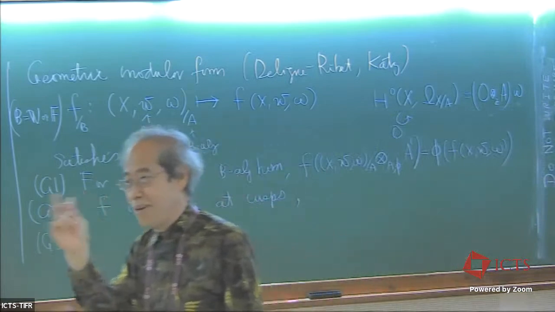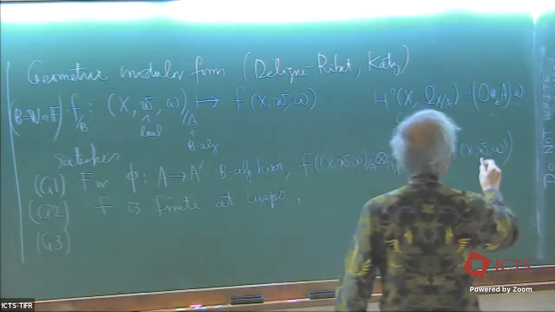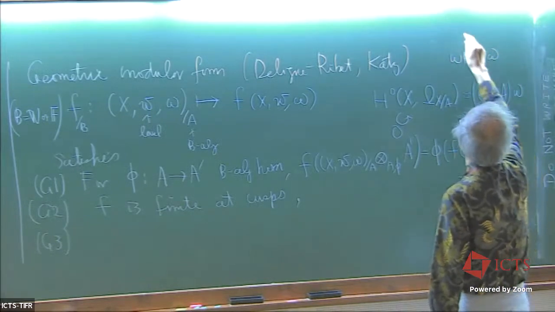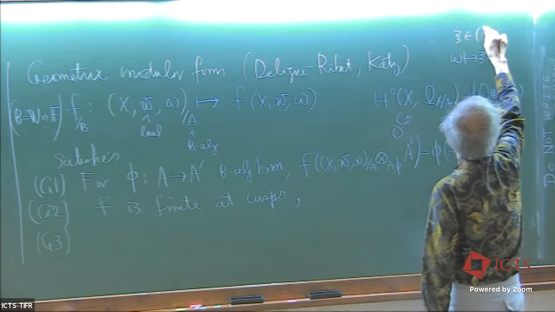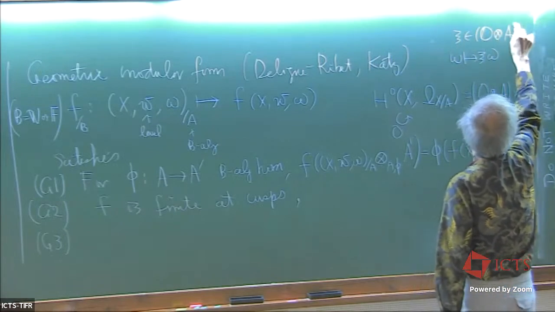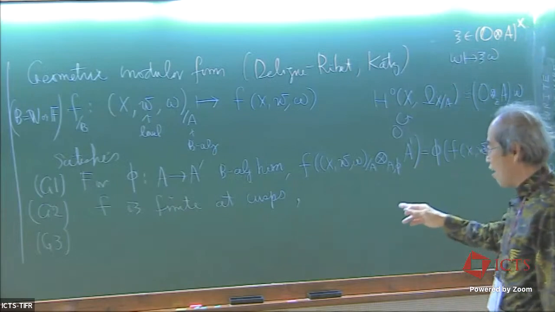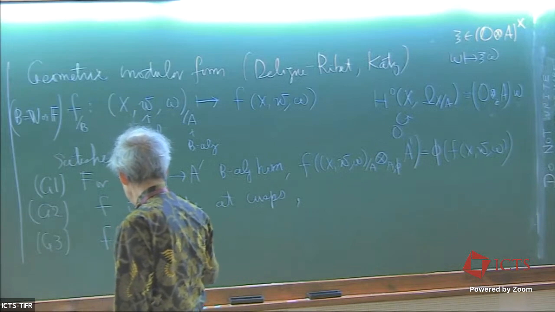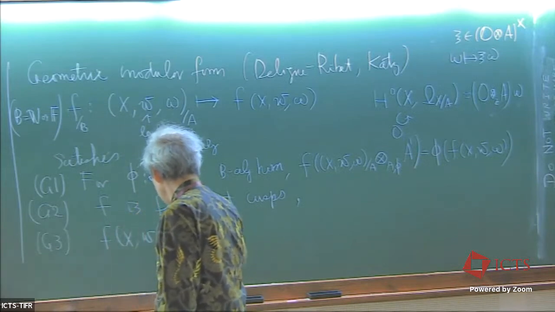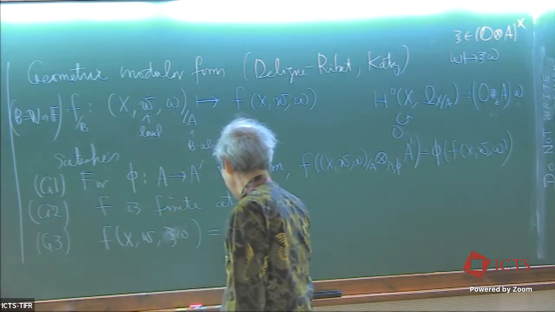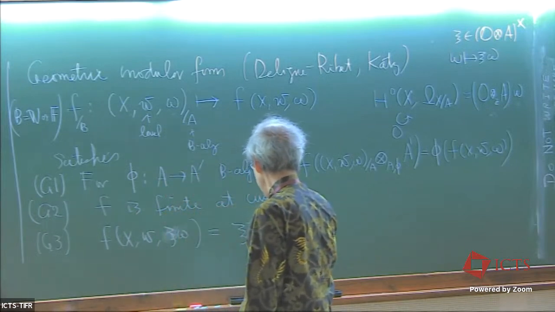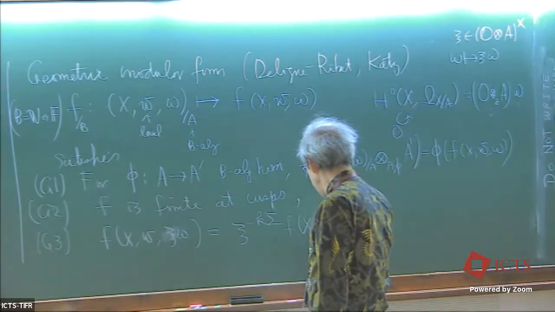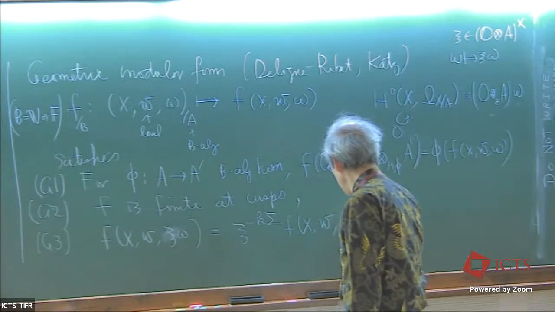And the third thing is that there's an ambiguity of omega, because this is the point where we have a section of a line bundle. So this omega, you can change it to psi times omega. The psi is a unit of O tensor A, cross, right? Then how does the value change? F of X, W, psi omega, you get psi to the minus K sigma times F of X, W, omega originally.